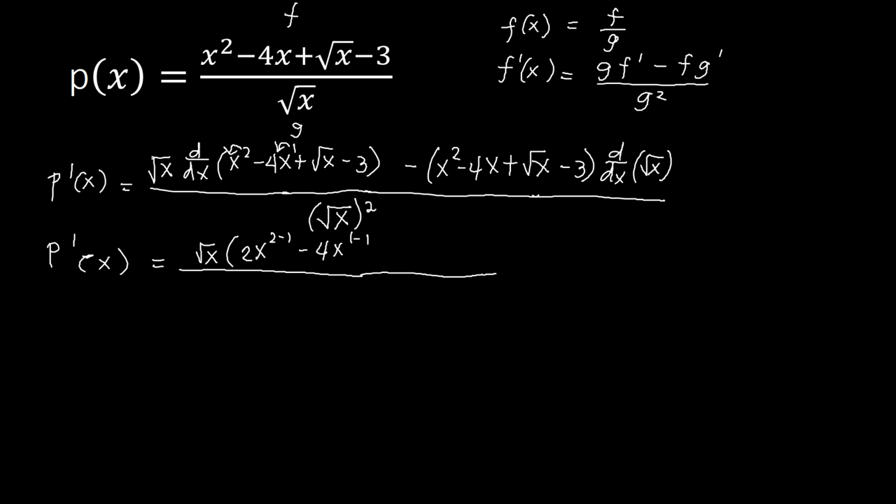And then we have here plus square root of x. Take note from the previous videos, we've got square root of x is equal to x to the power of 1/2. So if that is x to the power of 1/2, we bring down the 1/2. So this will become plus 1/2, and then x to the power of 1/2 minus 1.